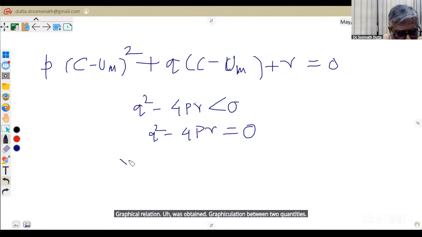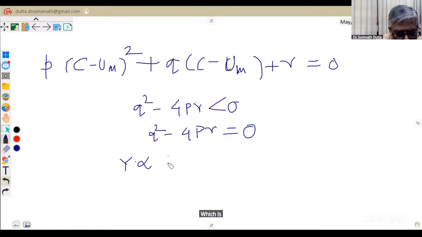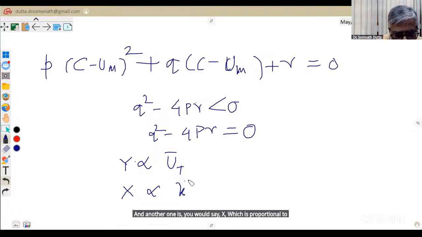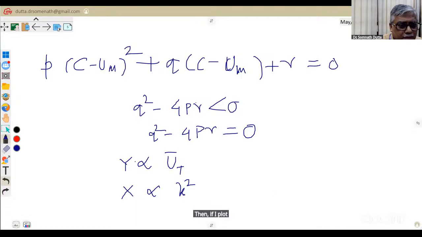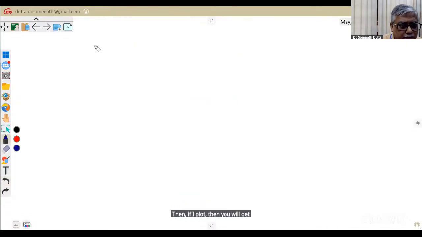One is, let us write y, which is proportional to U_T bar, and another one is x, which is proportional to k square. k is nothing but the wave number of the perturbing wave. And then if I plot, you will get one curve like this.